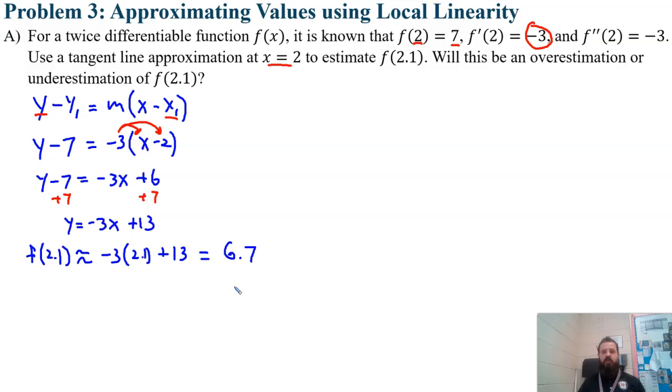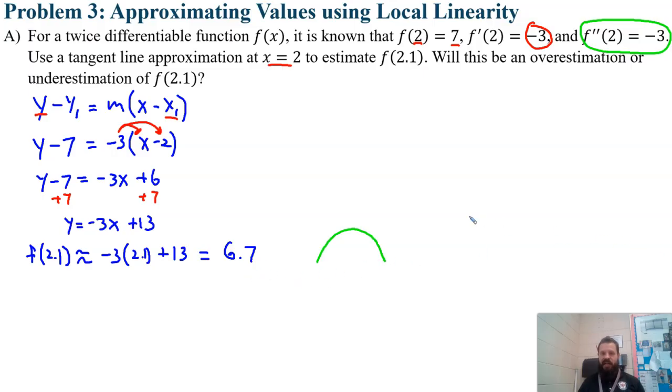Now, second part of this question, we want to know, will this observation be an underestimation or overestimation? Well, for that, what we'll look at is our second derivative. It is negative, meaning that our function is concave down where we made this approximation.